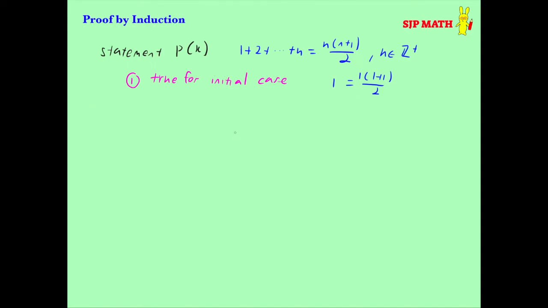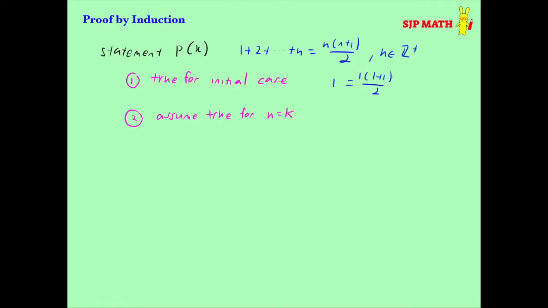And then the next step is where things get spicy. First you assume that the statement is true for n equals k, where k is some number in the given domain.